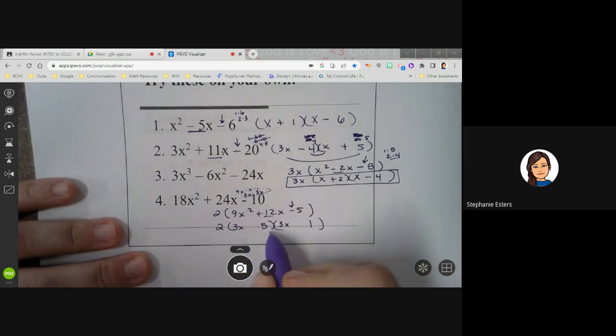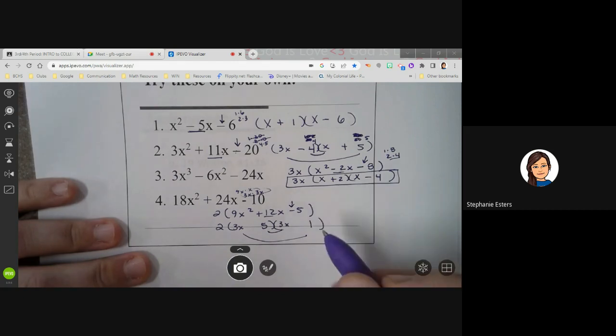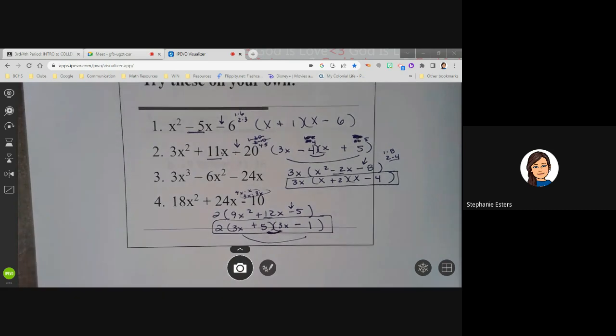So with my 3x and 3x, I've got 15x and 3x. I just confused myself, didn't I? I'm subtracting to get 12. That's what I meant. So 15 minus 3 gives me 12. Sorry, I kind of screwed up on that explanation there.